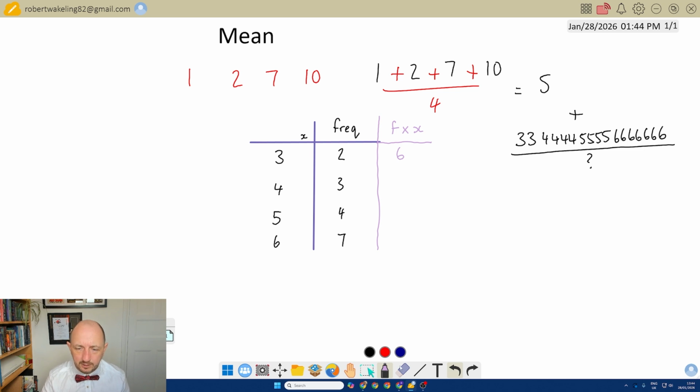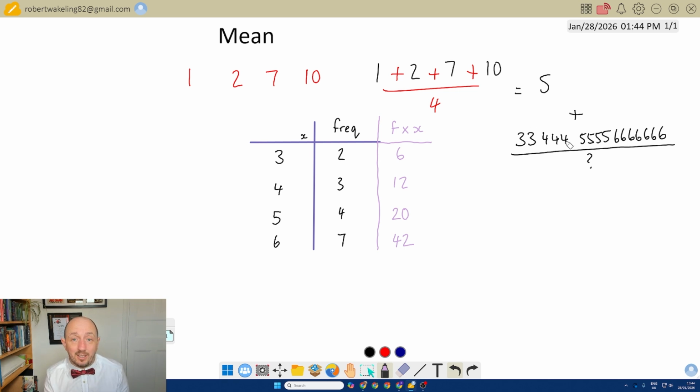Sorry, I did that wrong. 3 people were on a 4. There we go. So that is 12, 3 times 4. 4 people on a 5, that's 20. And 7 people have a 6, that's 42.